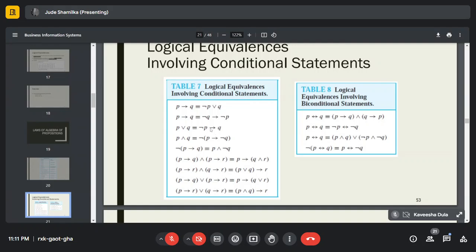I think you got the idea, right? P disjunction Q equals, we have to change that, not P changes into P, and other things remain the same, right? That's it. Okay, the first rule I told you.